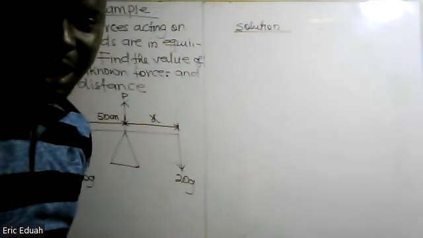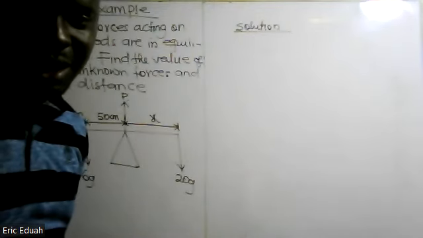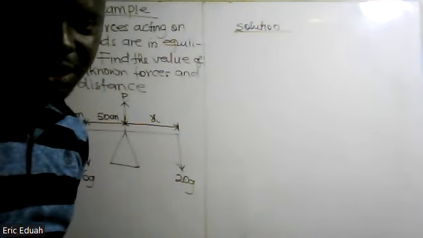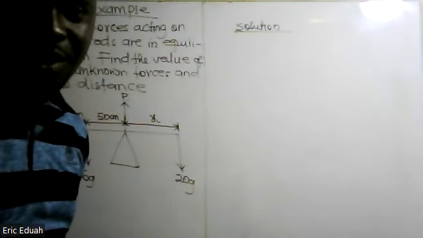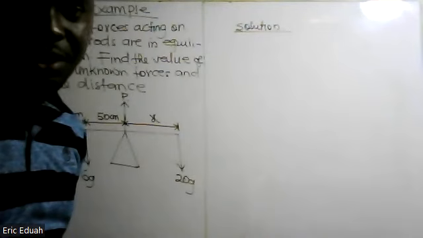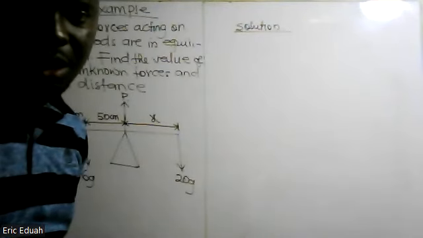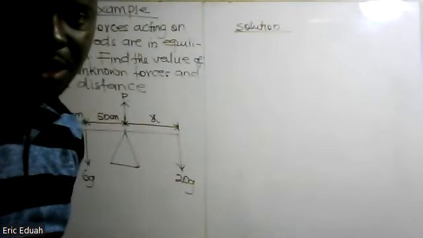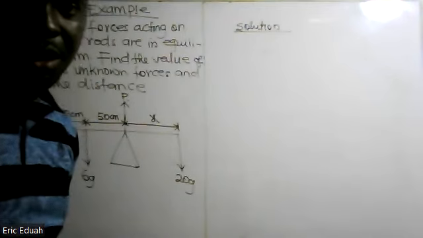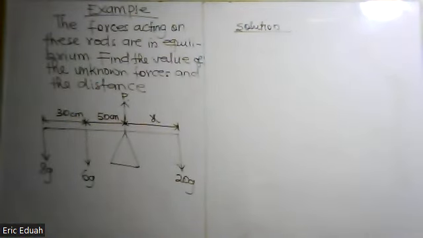Oh, Abna, hardly can I hear you. Let me call somebody else. Akofala, what's the first? Hey. That for the bar to be in equilibrium, all the forces will be equal to the force. Hey, the feedback I'm getting is weird.